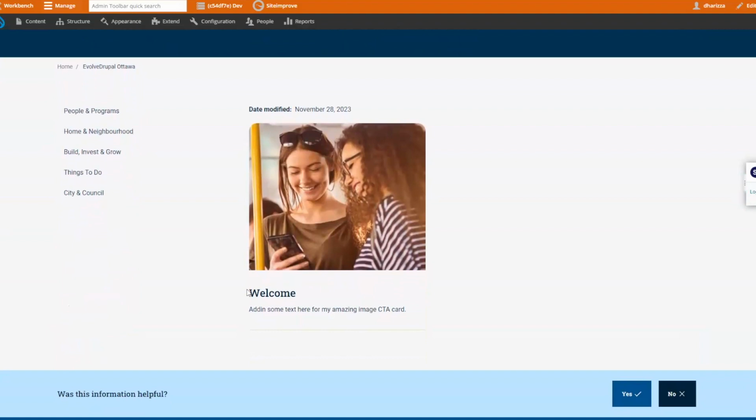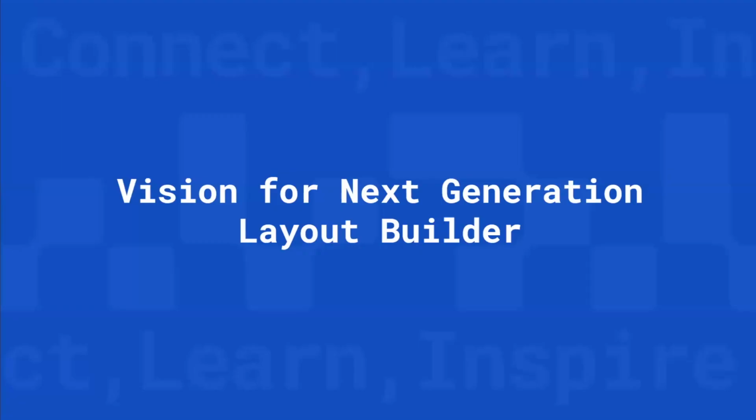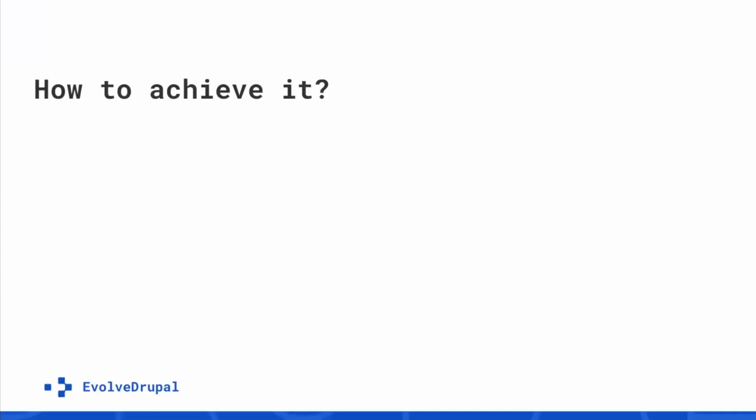Now, this is part of the improvements we want to make. There are some other improvements because, again, there are a lot of pain points and a lot of opportunities to make this better. So how do we achieve something like what you have just seen? First, we are talking about improving the user experience of Layout Builder in general.